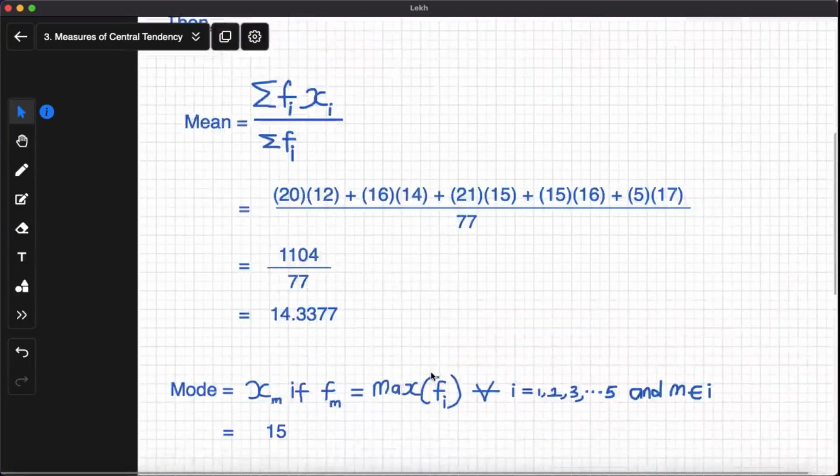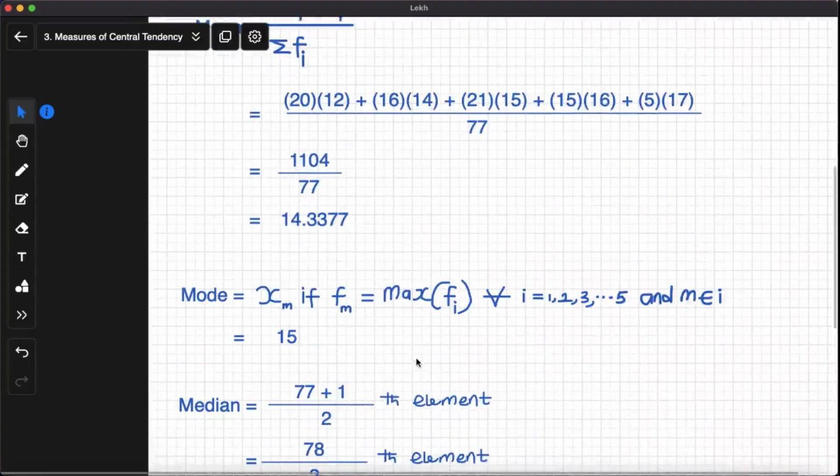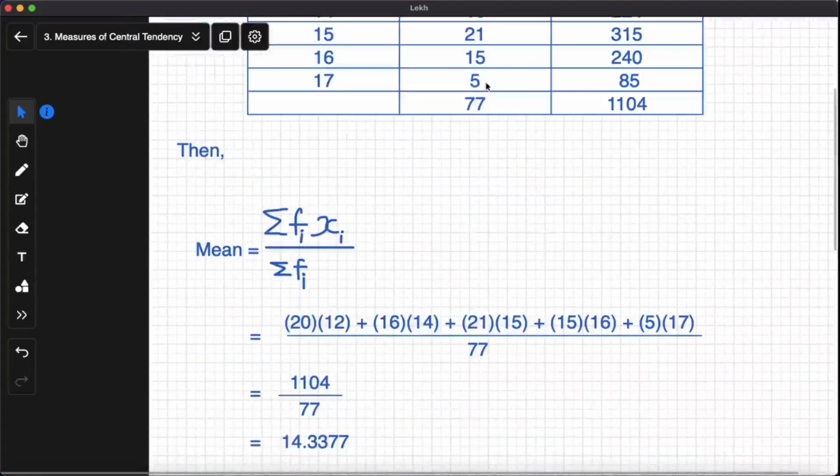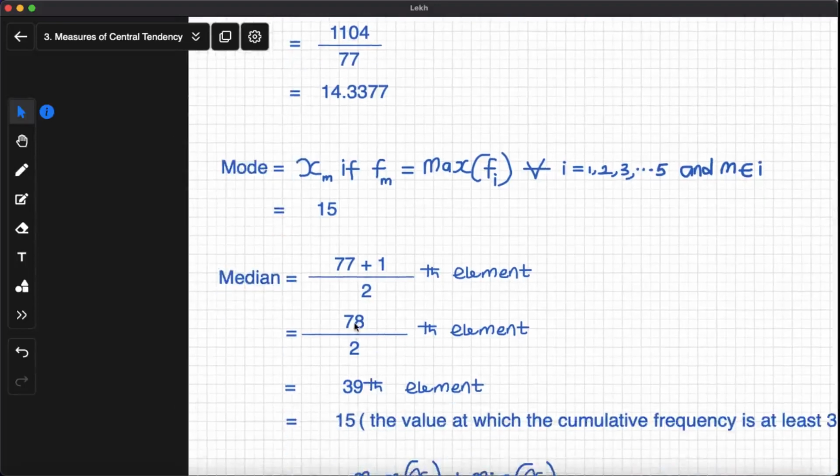All right, so you go on to your median. What's going to be your median? You need to check, is n odd? N is 77, so n is odd, yes. So just like we said in the formula, you need the element that is in position n plus 1 over 2. So that will give us 78 divided by 2, and that will be 39.